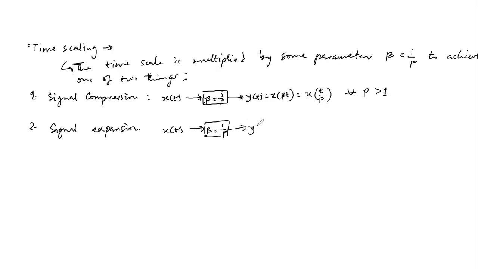And then we have y of t being the same as x of beta t, which is the same as x of t over p, for all p less than 1. So at this point, we should know that the parameter beta operates only on the time scale, like I said earlier. So it does not have any impact on the amplitude scale.